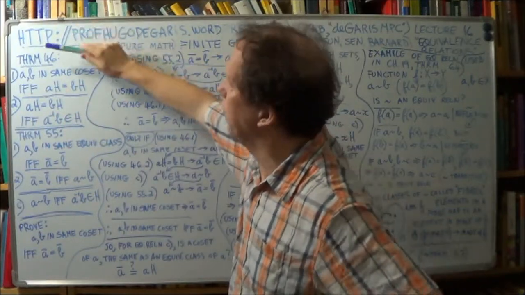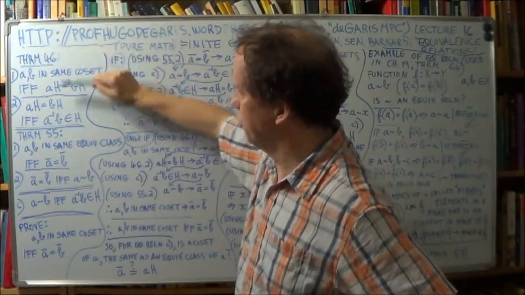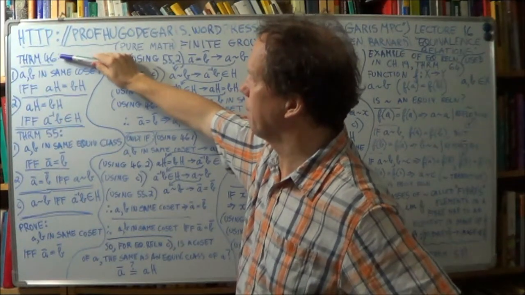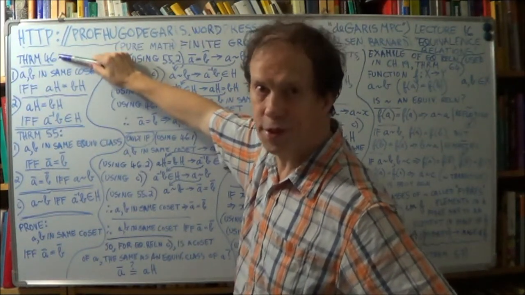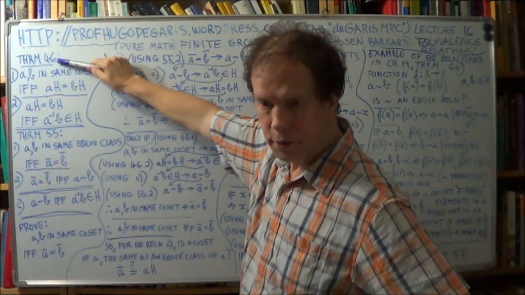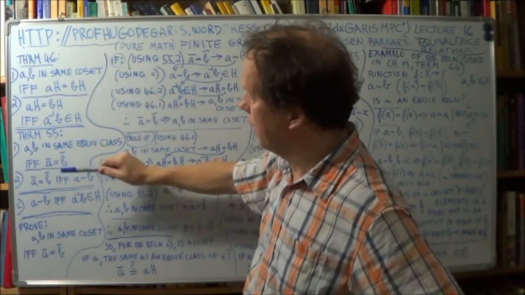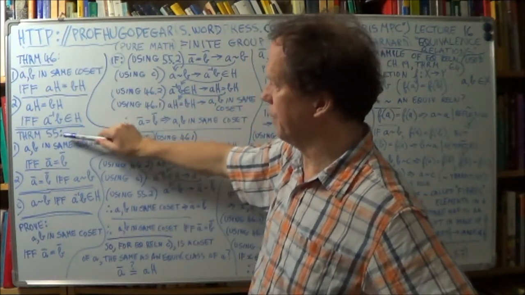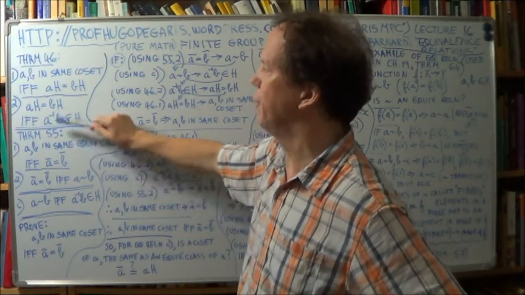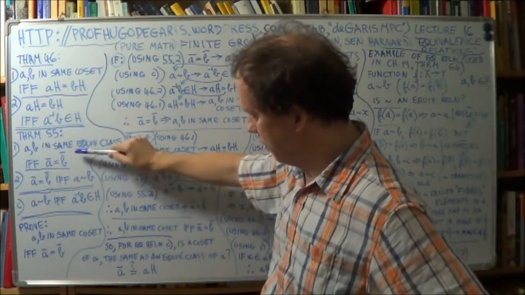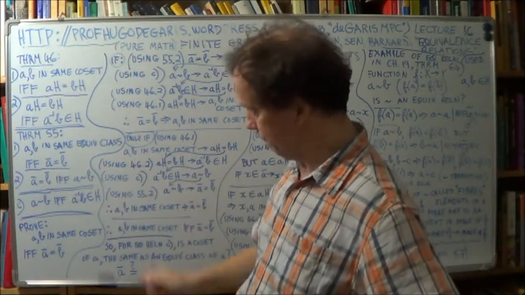We're going to combine elements of two proofs: a two-part proof, theorem 46 from the chapter on cosets, and a recent proof from theorem 55, which is on equivalence classes.